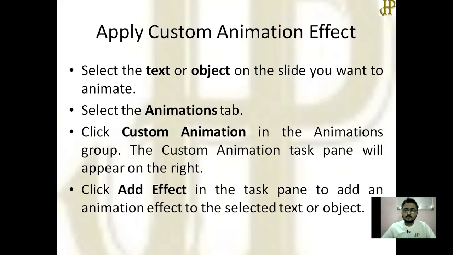So what is to be done? Again, it is very simple. Select the text or object on the slide. After that, go to the Animation tab. Click on Custom Animation from the Animation group. The Custom Animation task pane will appear on the right side of the MS Office window.